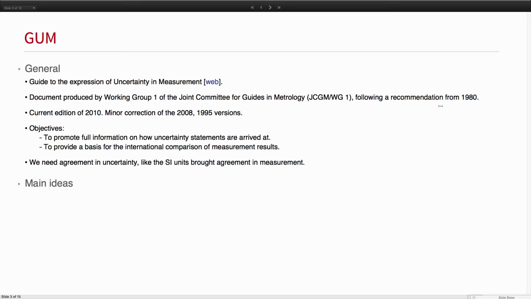The objectives are to promote full information on how uncertainty statements are arrived at, and to provide a basis for the international comparison of measurement results. In a sense, what the SI units did for the measurement itself, this document tries to do for the representation and treatment of uncertainty.